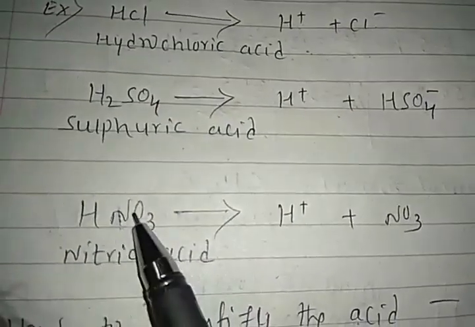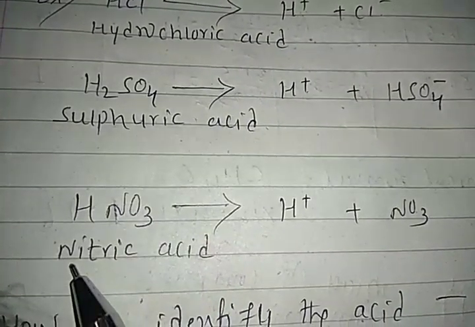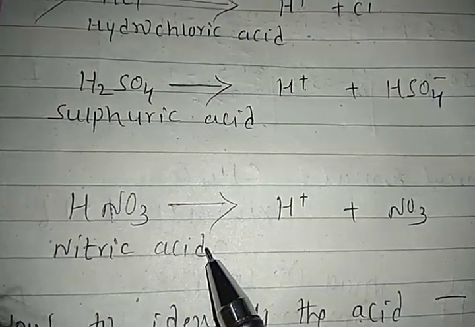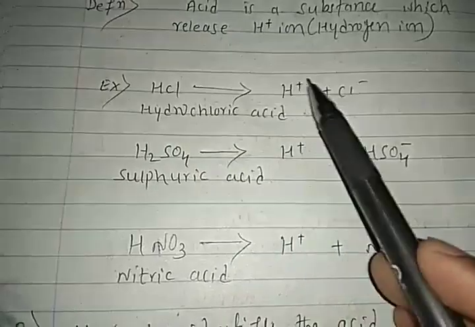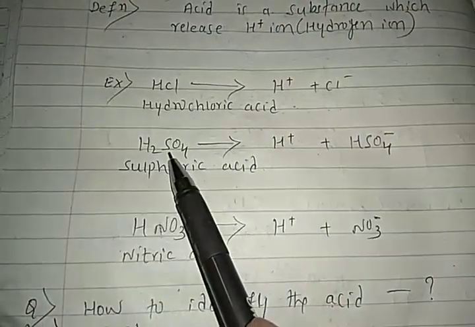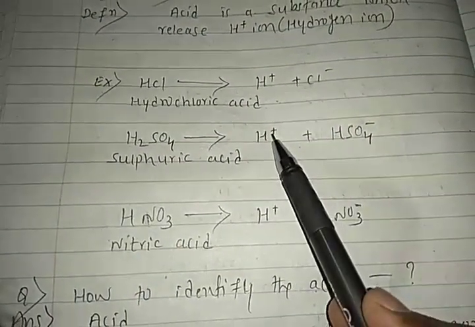One more, HNO3, nitric acid. Nitric acid dissociates to form H plus and NO3 minus. So HCl, sulfuric acid and HNO3 are acids releasing hydrogen ions.